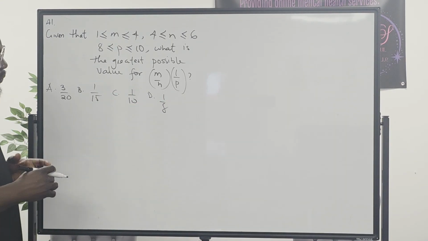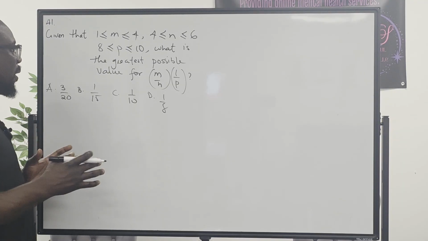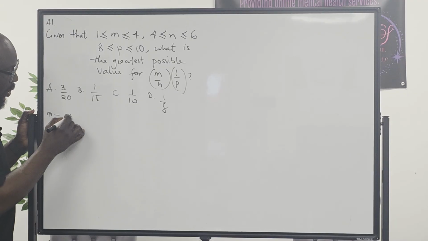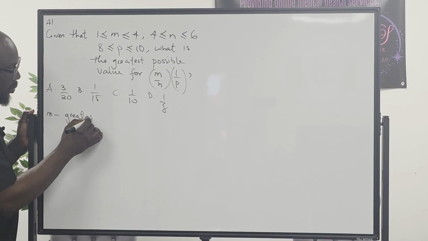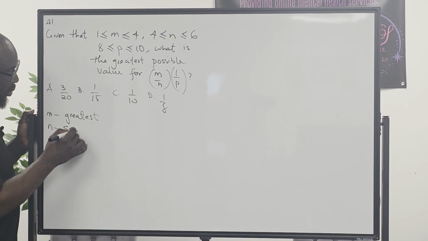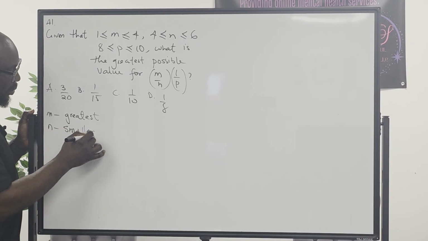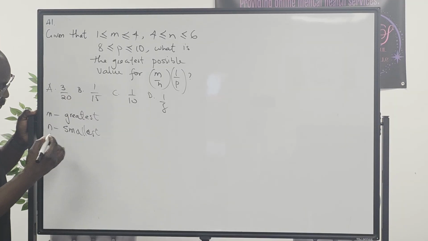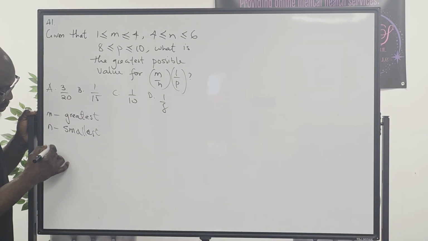So to do this, for you to have the greatest possible value, that means that m must be the greatest, right? And n must be the smallest, so that when you divide m over n, you're going to have the biggest number. For example, 100 over 10 gives a big number.